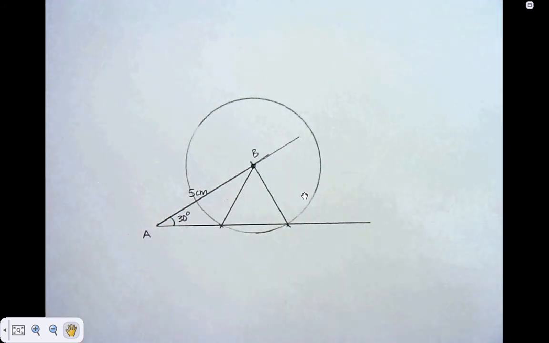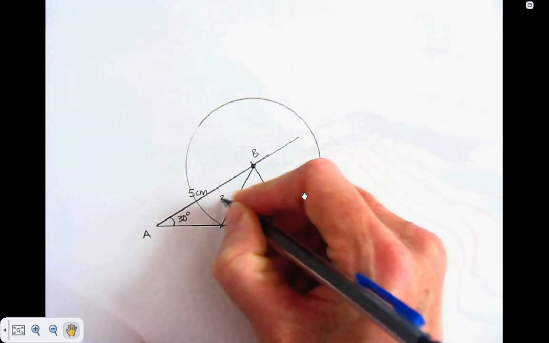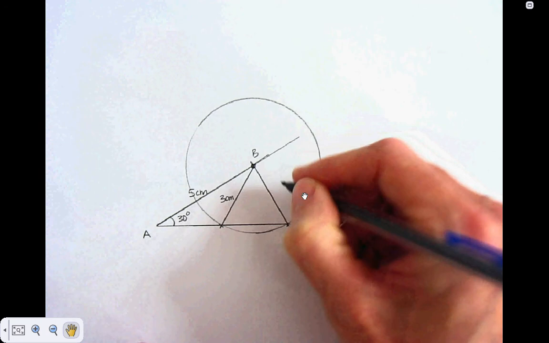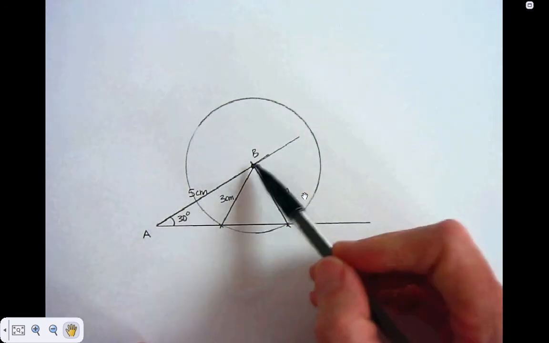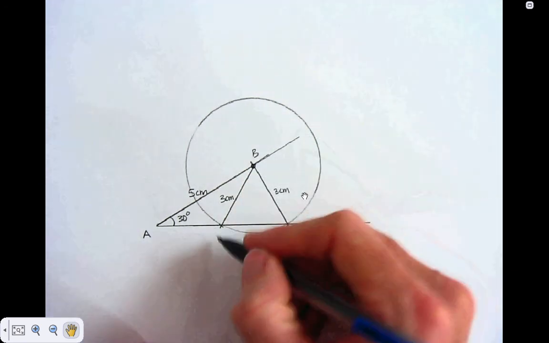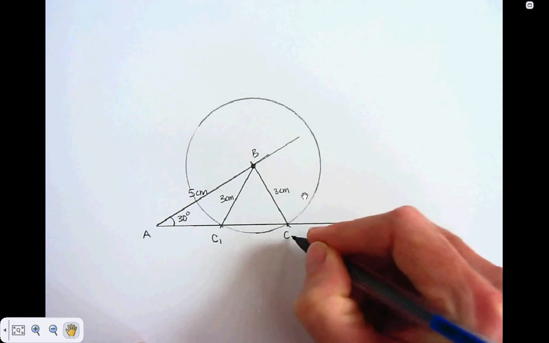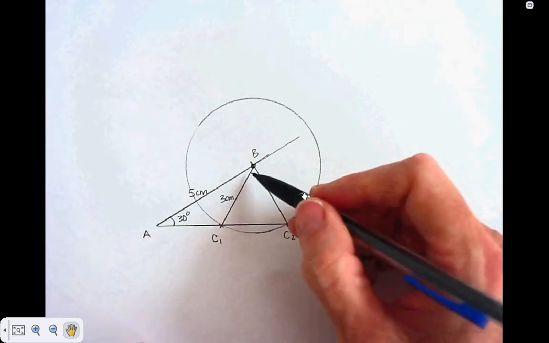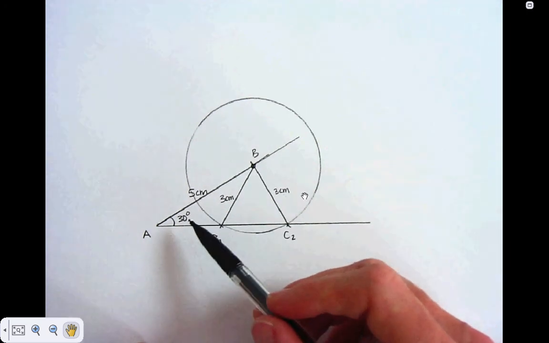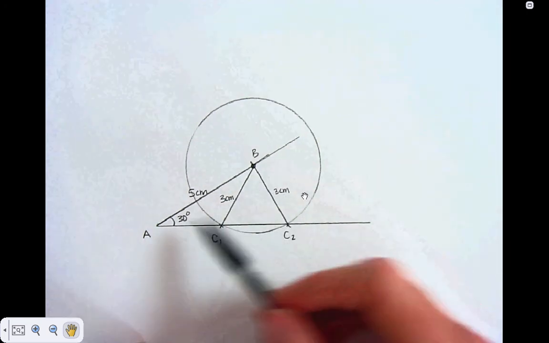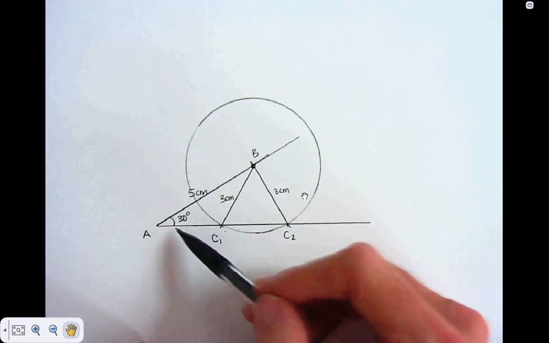So what ends up happening is I can have 2 different triangles. These are not unique. So here's 3 centimeters. This is also 3 centimeters. So AB is 5 centimeters, and we could call these C1 and C2, because both of these are 3 centimeters. Remember, the information we were given was two sides, AB and BC, and a non-included angle.